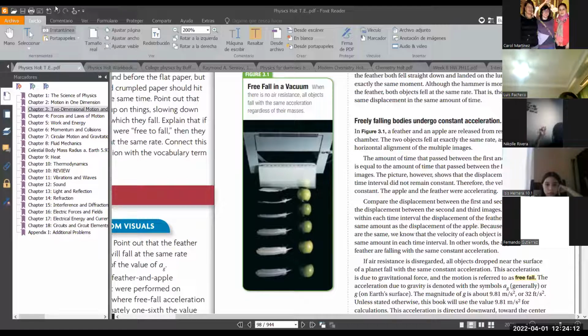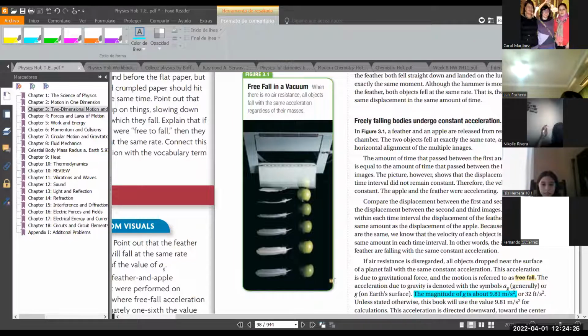Here on Earth, the magnitude of gravity is 9.81 meters per second squared. That is the value of the acceleration that all of us experience only because we live here on Earth. If we change planets, the gravity is going to be different. So anytime that I talk to you about gravity, you have to remember this number: 9.81 meters per second squared.